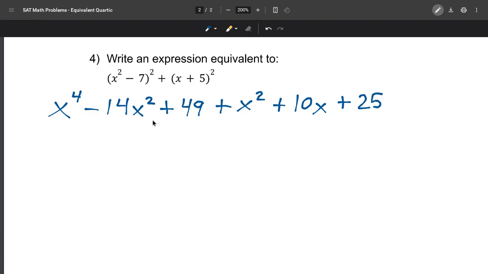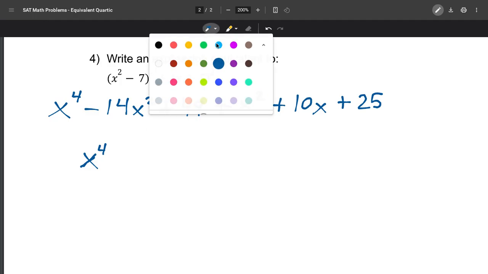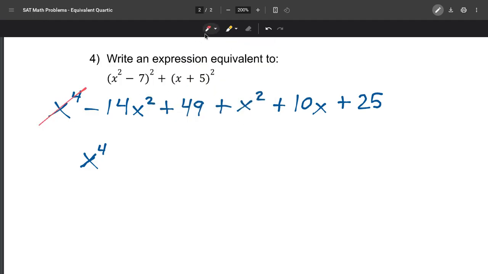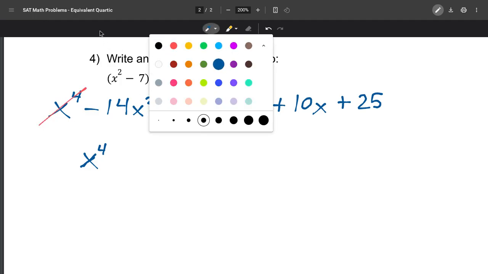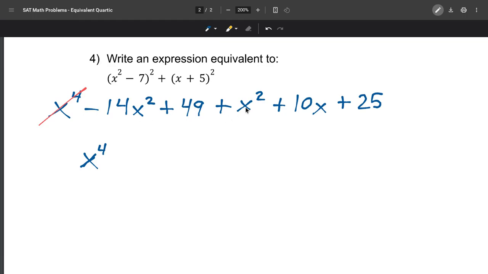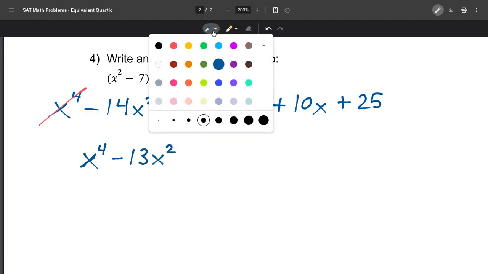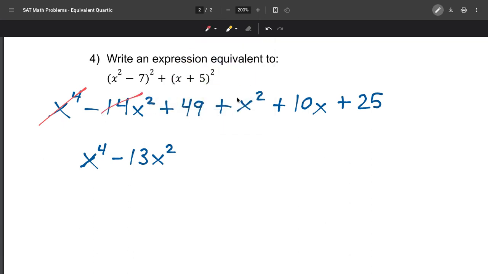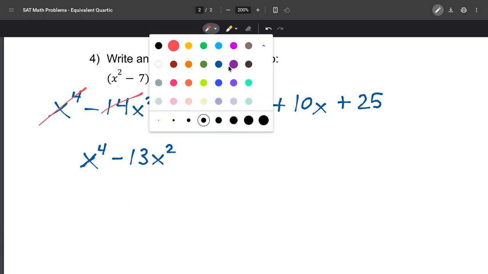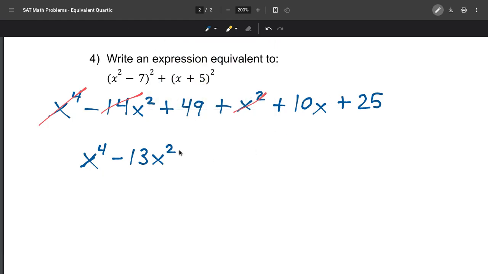All right, and let's combine like terms. So we only have one x to the 4th, so I'm going to bring that down like so, and we'll cross it off as we go. Then we have a minus 14x squared plus x squared, so minus 13x squared. And we'll cross off as we go. Plus 10x.